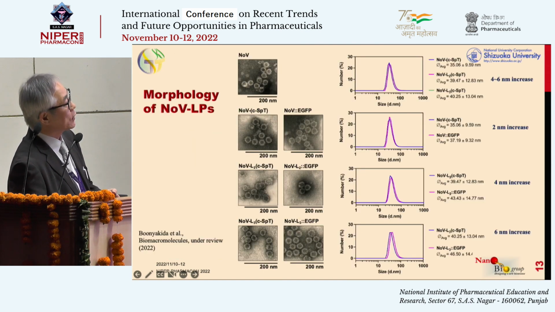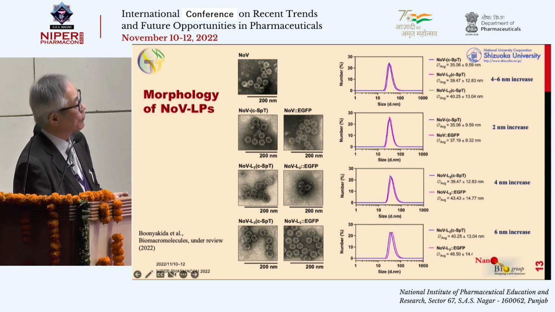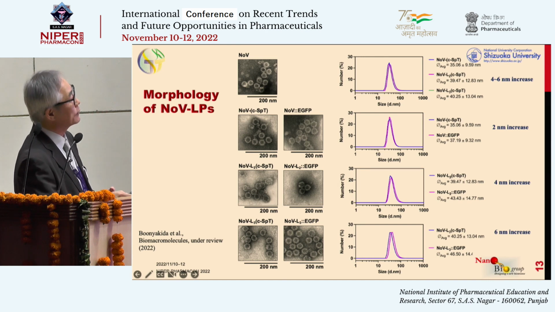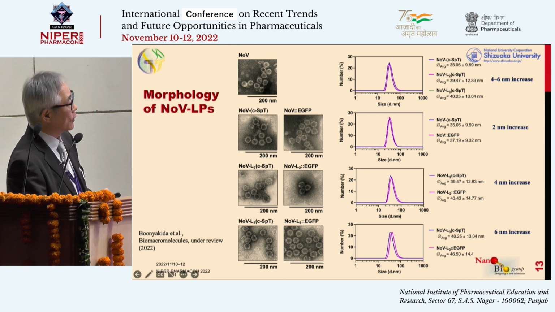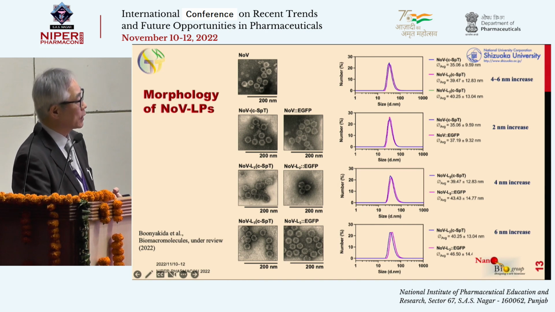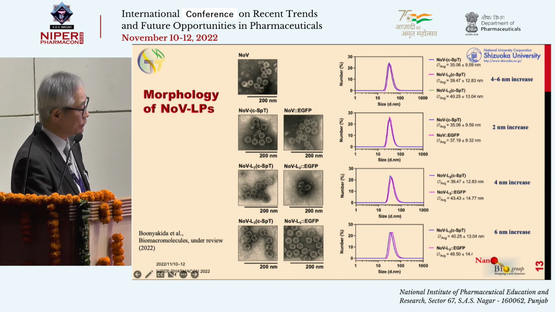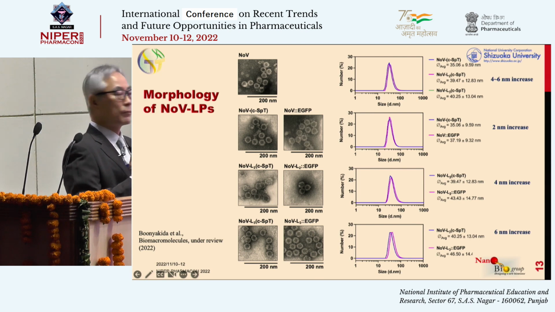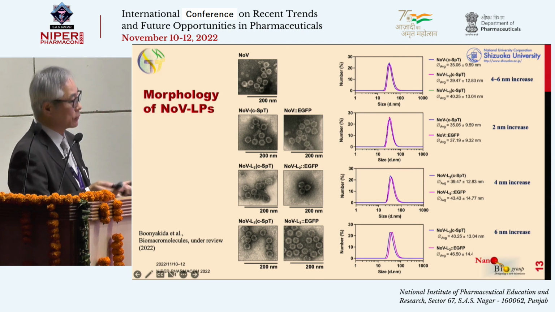Here, we confirm the morphology of this VLP shown here. It's a VLP of norovirus-like particle. And here, with the spike tag fused, the same morphology. We added 2 linkers, also the same morphology. We added 3 linkers, also the same morphology. Therefore, when we add linker, VLP formation is okay.